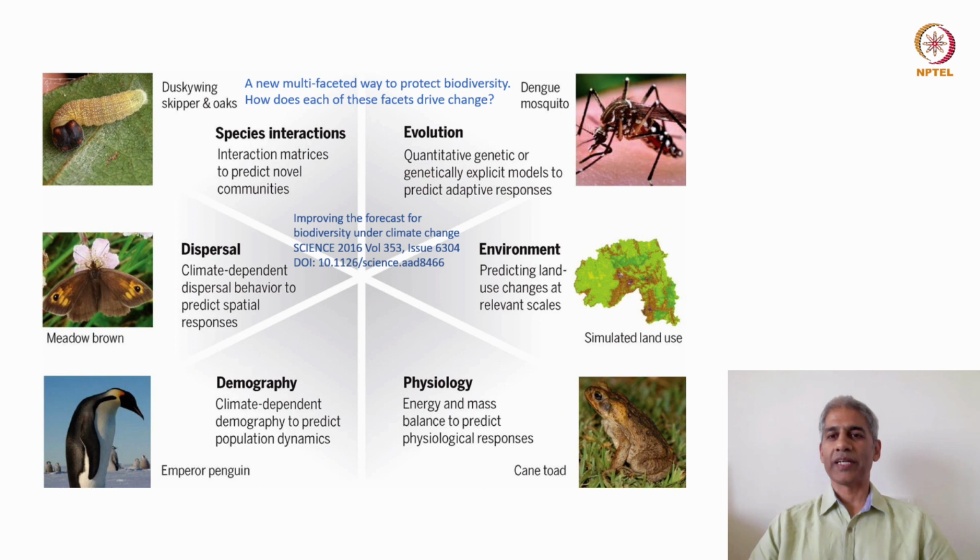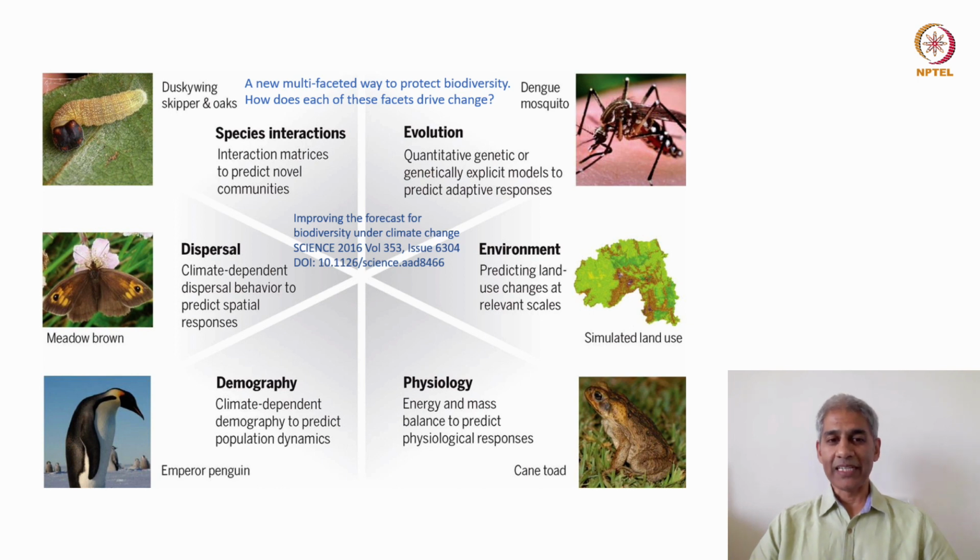We can look at and predict how land use changes will happen and how that will affect biodiversity. We can look at physiology, which is the case study which I just showed, and so ask how animals or a particular species are responding to warming in terms of their body, so energy and mass balance.